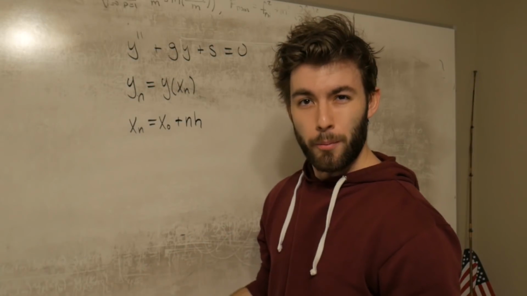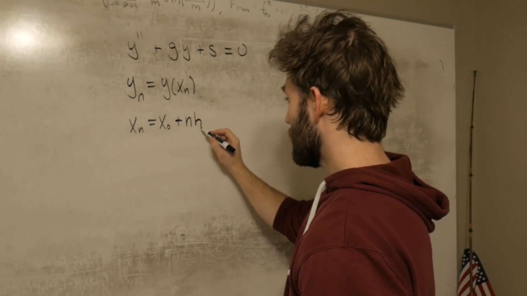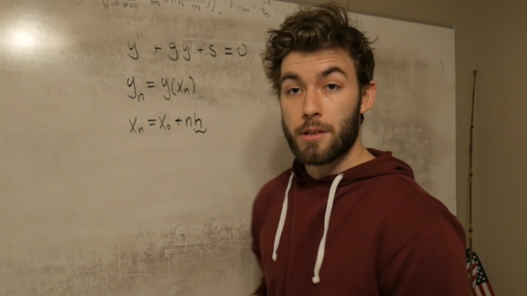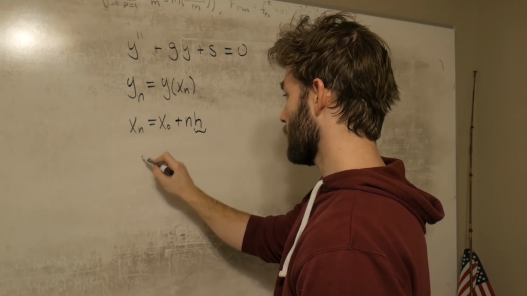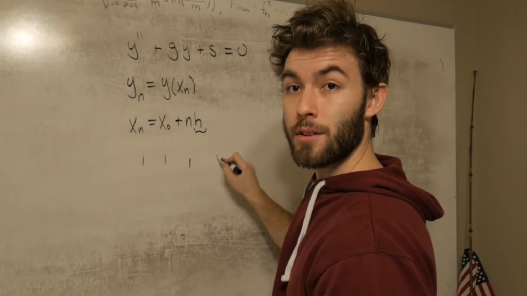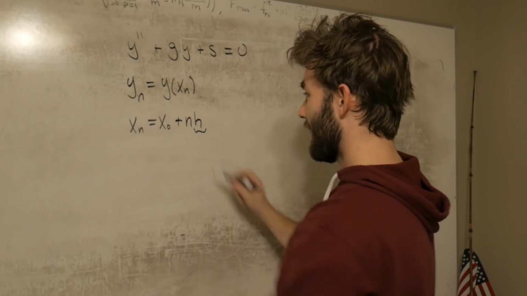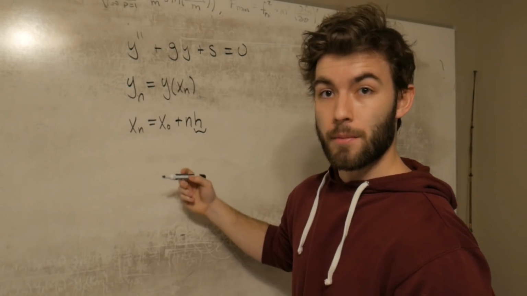This is getting a little abstract, I'll admit, but h, as I showed when we were graphing before, is just the increment between the next point that we're choosing, and n is talking about which increment.